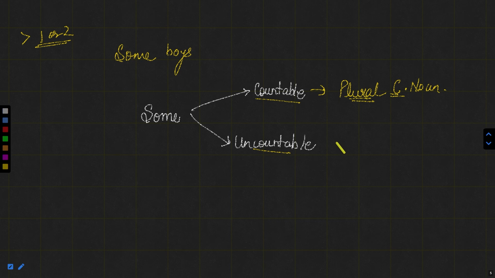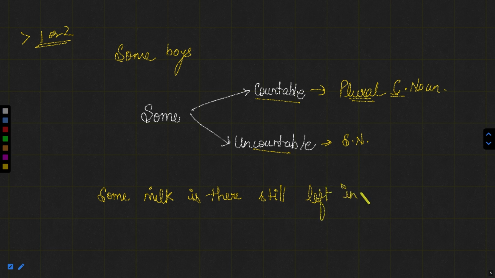Therefore it cannot be plural either. So it will be used as a singular noun, and after that we can have only the singular form of verbs as well. For example, some milk is still left in the vessel.